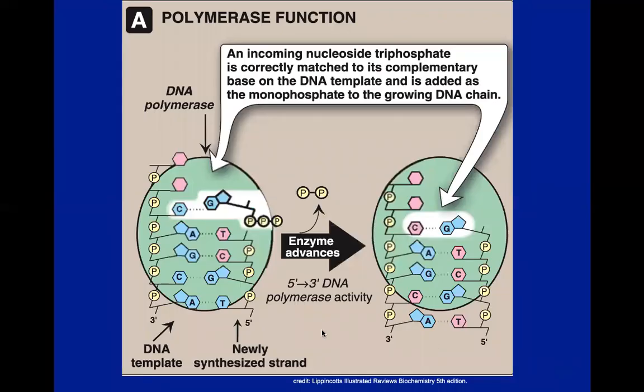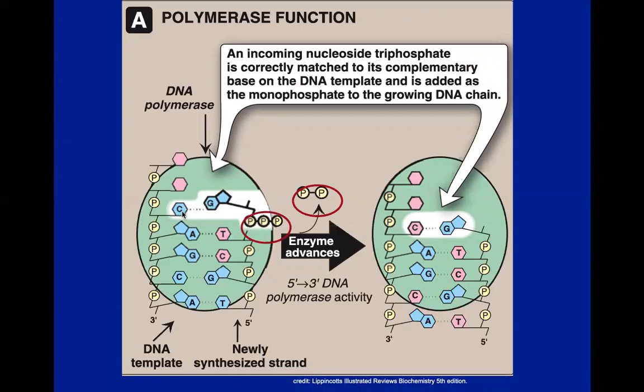So polymerase function here, proofreading capacity you can see here. So this is synthesizing 5' to 3' activity. You can see triphosphates, the bond is formed between alpha phosphate and 3' hydroxyl group.